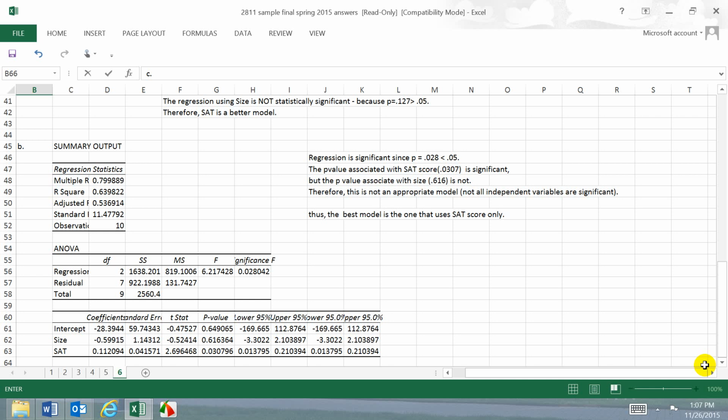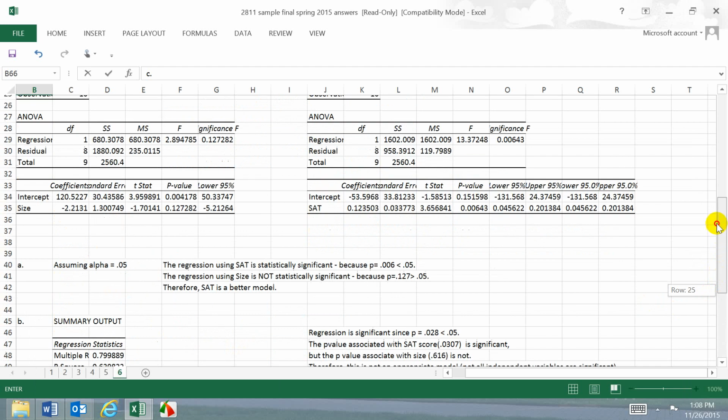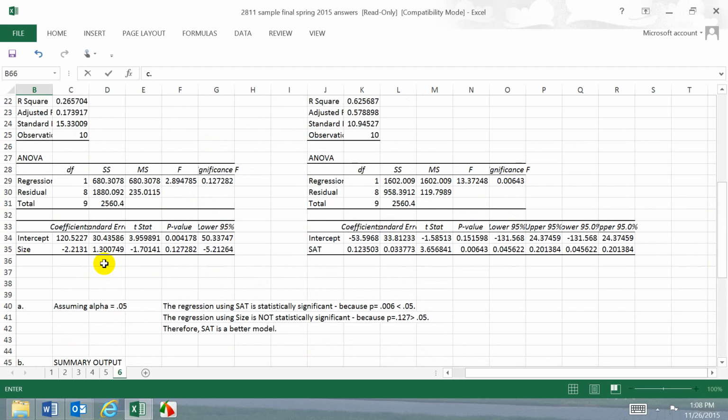If all the independent variables in the multiple regression were significant, and the overall p-value significance of the regression was significant, then that one would be the better model. But in this case, the better model is the one with only SAT score, because we've shown that the class size is not significant.